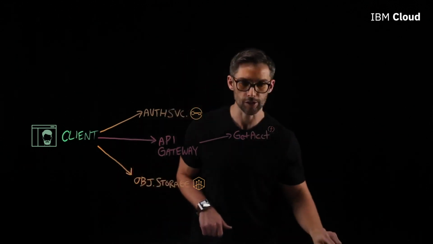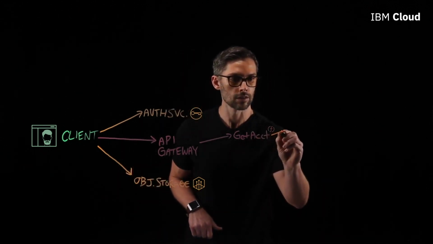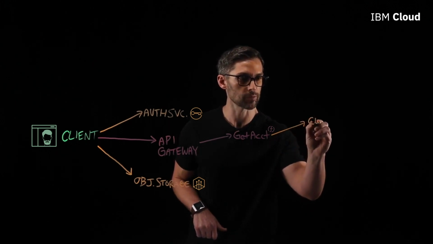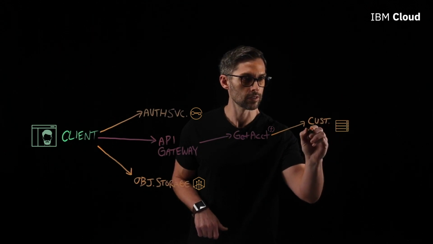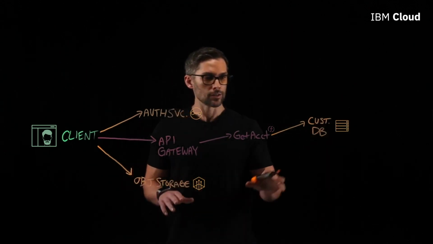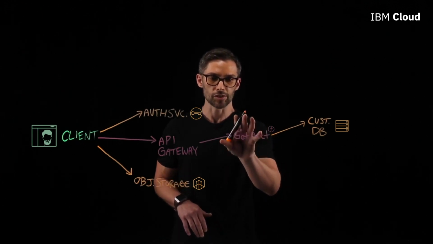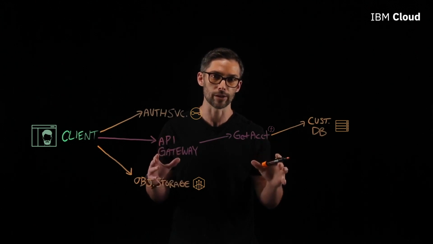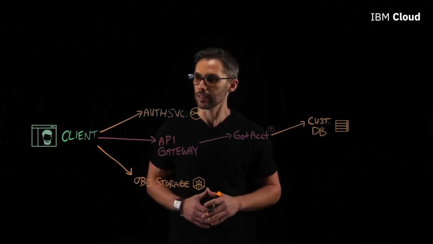And this get account function will now communicate with a different database, and this would be customer database. So this would be our functions as a service right here. So this would be one individual task within the greater application.